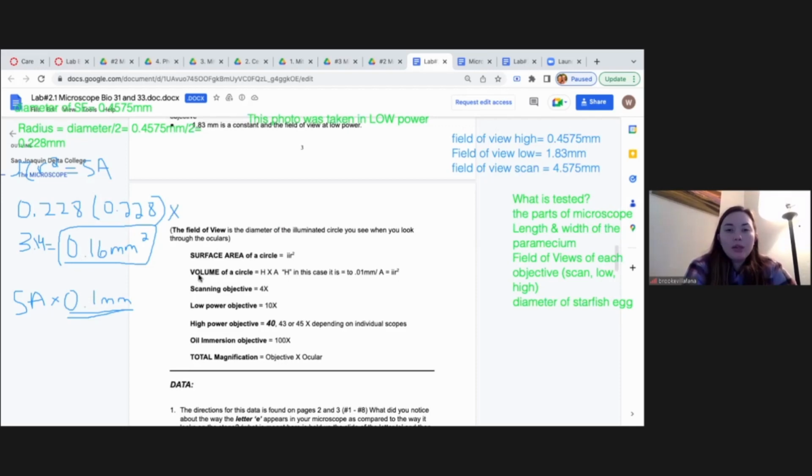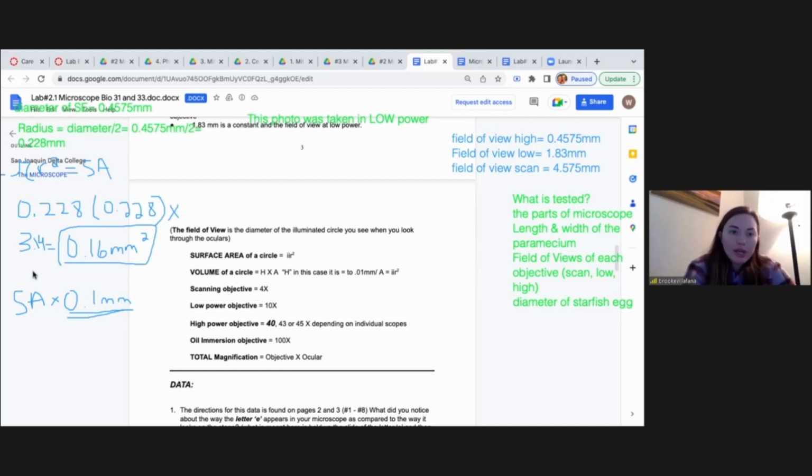So the formula for volume is H times A. H is 0.1; it says 0.01 in the packet, but I think that's a typo, and he said 0.1, so we're going to leave it. And then A is pi r squared.